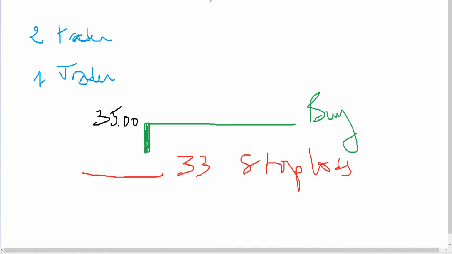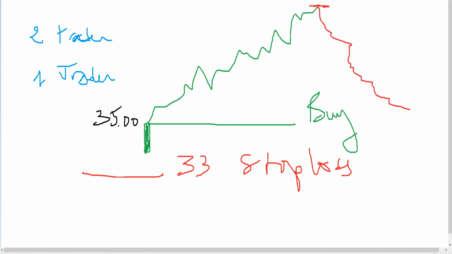We try to see a trend. Let's say the stock has been going up, okay, and then after that it stops and is going down. Now, let's say the price here is $65.